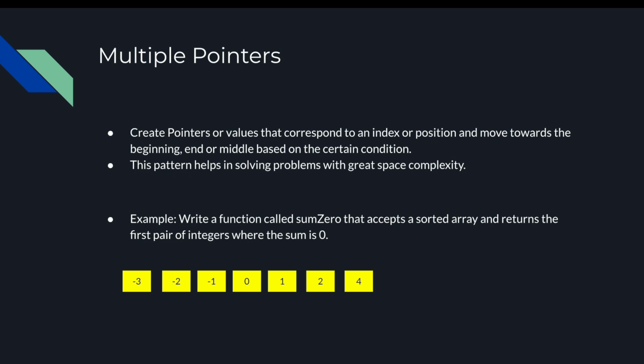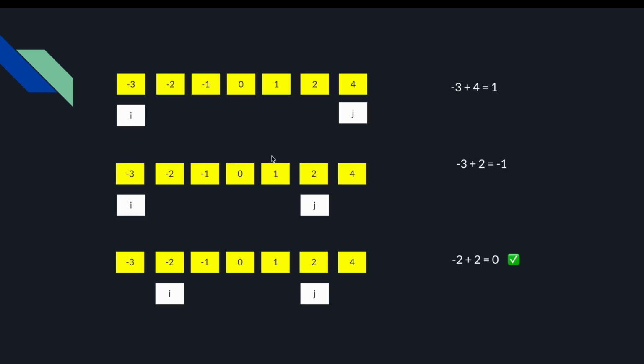Let's see it visually. As you can see on this screen, I have defined one pointer i at the 0th index and the other pointer j at the 6th index. The 0th index has the most negative value and the 6th index has the most positive value. Now if we add these two numbers, it does not give us 0, it gives us 1.